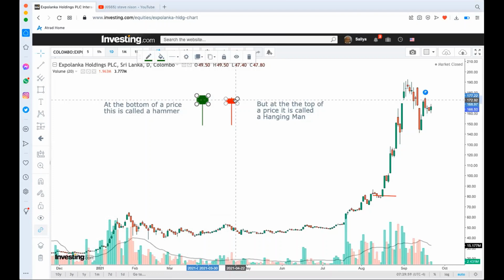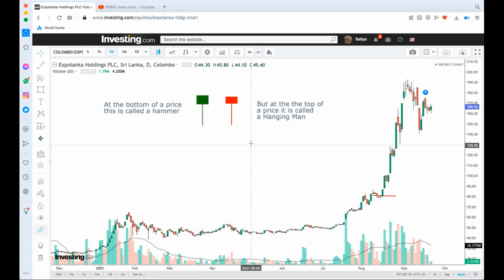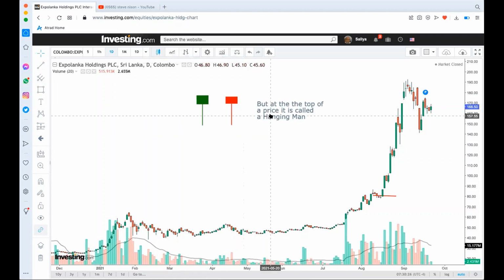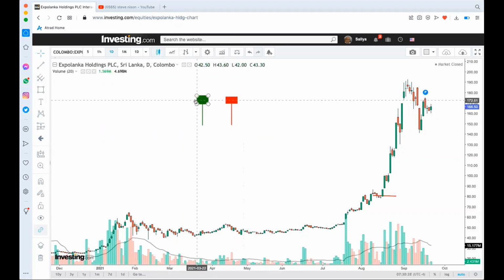While the candlestick language evolved, some people used to call these candle formations pin bars. That is what they say. But as far as Mr. Nison is concerned, he has umbrella candles, and there are two types of umbrella candles. One is the hammer, the other one is the hanging man. Then you have another formation which is called the inverted hammer.